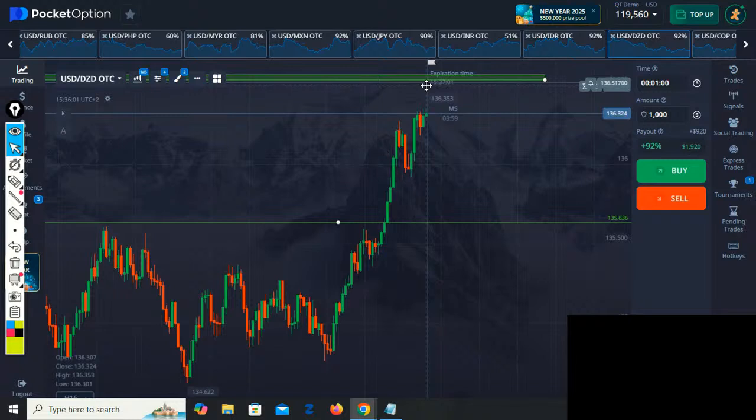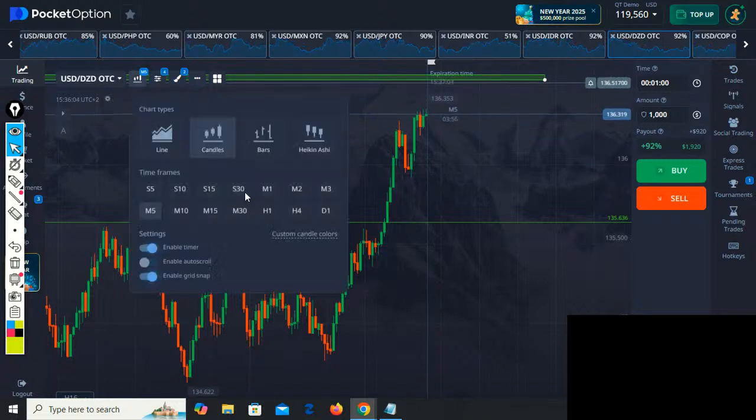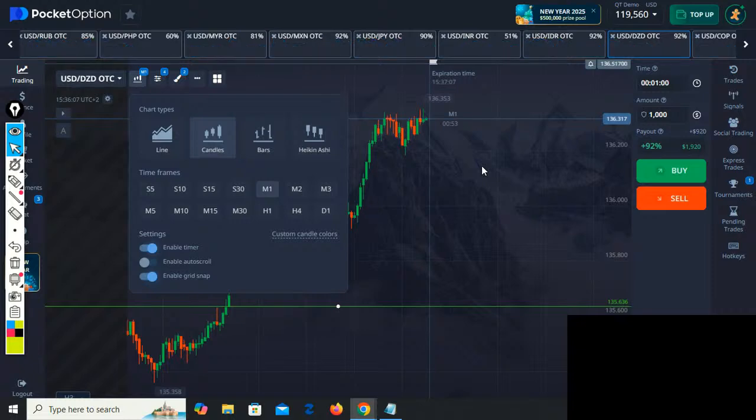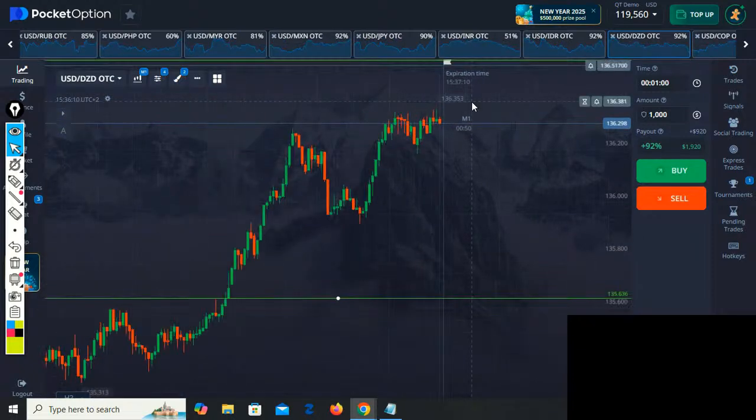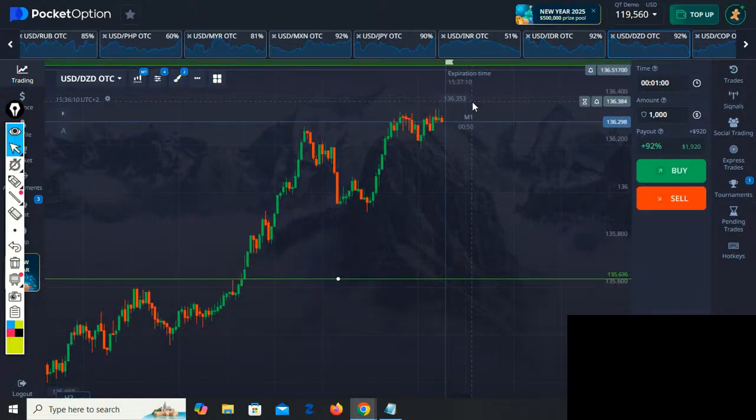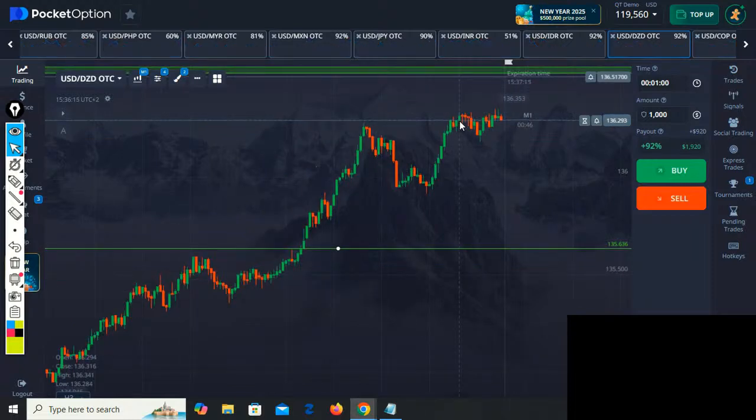Waiting for the price to reach this point. Let's go back to the 1 minute chart. It's a bit slow, no problem. Have to be patient. This is part of the training. Part of being a successful trader is patience. So let's be patient and wait for the price to reach.